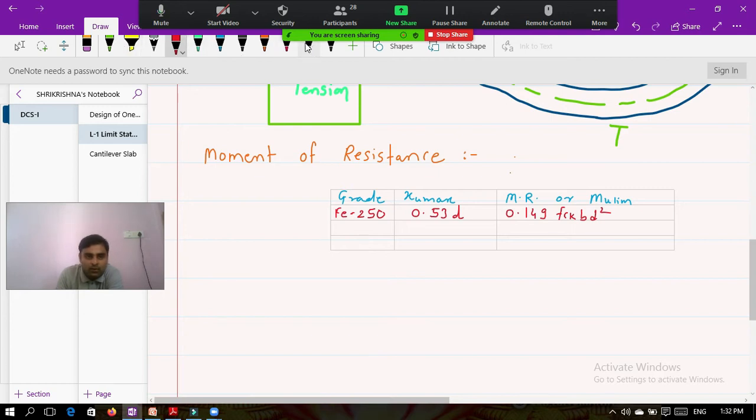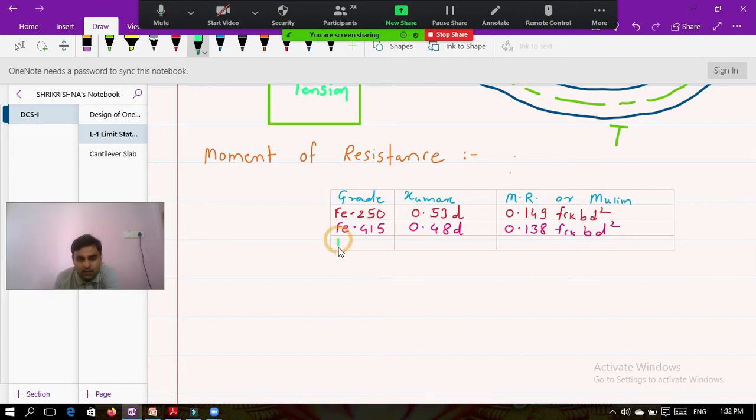Now if we go for Fe 415, the value of XU max is 0.48D. All these values are given in the IS code. I will also show you in the IS code. The moment of resistance for this is 0.138 FCK BD square. And now the last one, Fe 500.